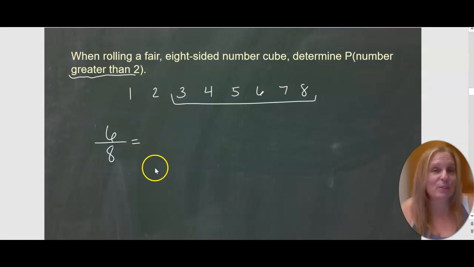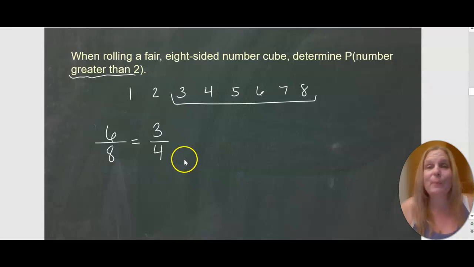You thinking? Did you come up with it? 3 on top, and then 8 divided by 2, 4 on the bottom. Now, 3/4 is one of those common fractions that you should commit to memory.